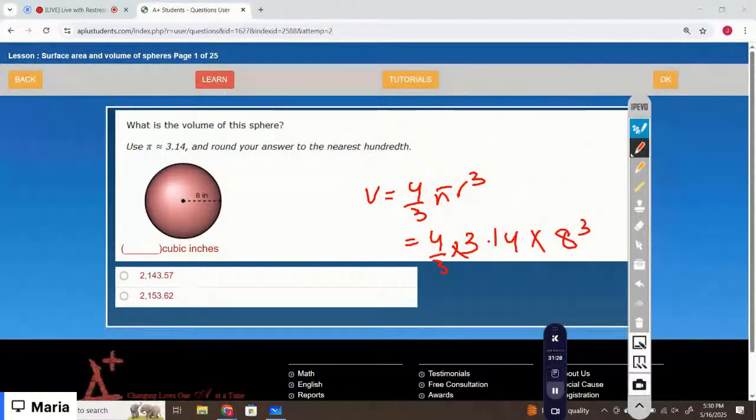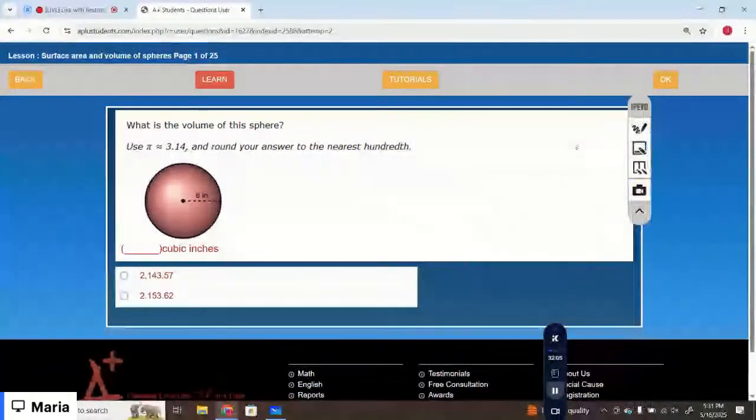That is 8 times 8 times 8 times 3.14 times 4, that is 6430.72 divided by 3. So the correct option is option number 1, that is 2143.57.